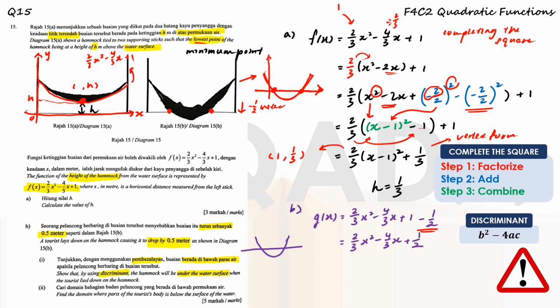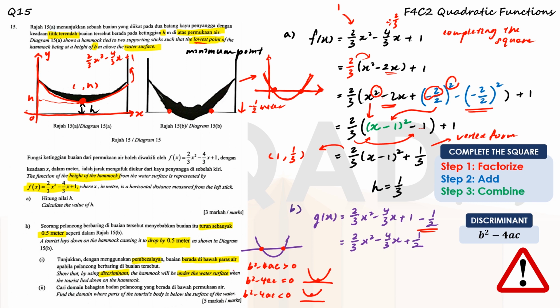So we learned that if b squared minus 4ac is more than 0, this would be the case, intersects 2 points. If b squared minus 4ac equals to 0, means it intersects 1 point only. If b squared minus 4ac is less than 0, means it is above the x-axis.